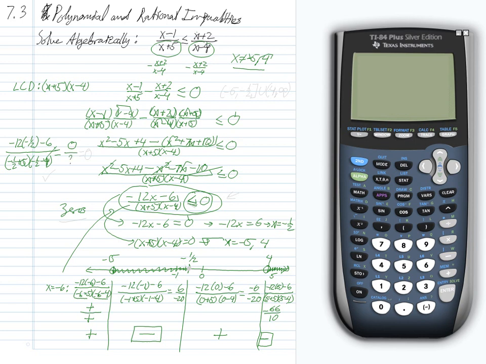And remember, if I have 0 in the numerator, doesn't matter what my denominator is, this is equal to 0, and we are allowed to be equal to 0. This inequality is non-strict. So negative 1/2 is actually part of the solution. So if I put all of that together, our solution is everything from negative 5 to negative 1/2, including negative 1/2, but not including negative 5. And then everything above positive 4.